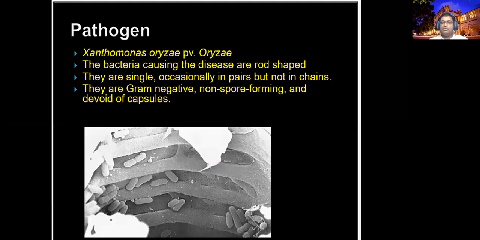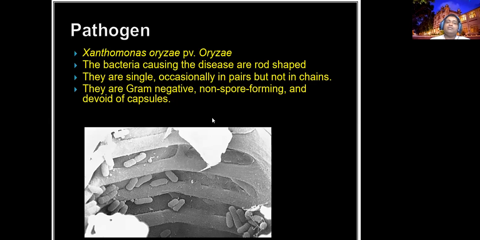Early monitoring is highly advisable. The pathogen is Xanthomonas oryzae pv. oryzae. It is a rod-shaped bacterium. You would have studied this in bacteriology. The bacteria can be there as a single cell, as a paired cell, or as a chain.